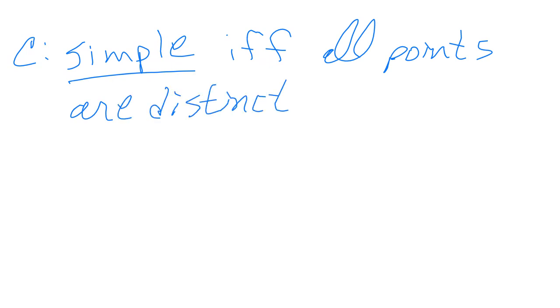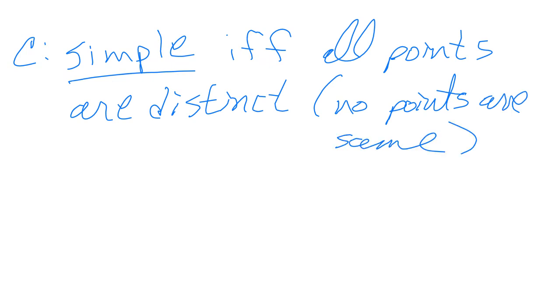All points are distinct is one way to say that. Another way to say it is no points are the same on the open interval. So if I pick any point in between, I'm only going to hit it once.